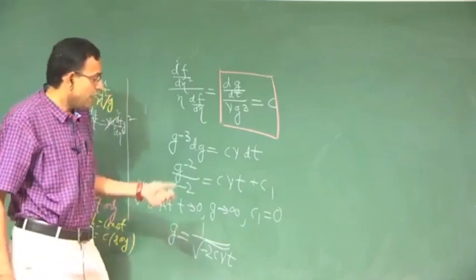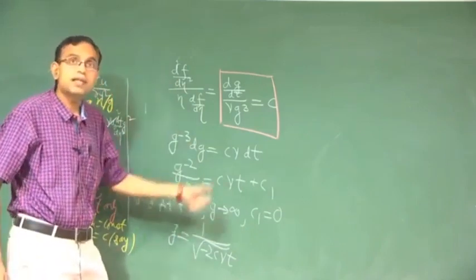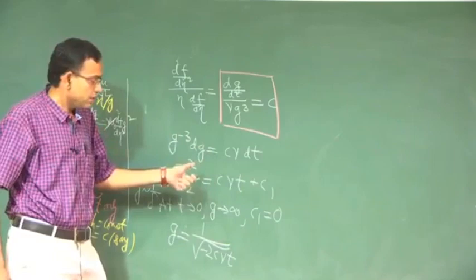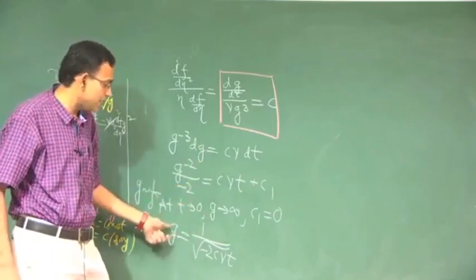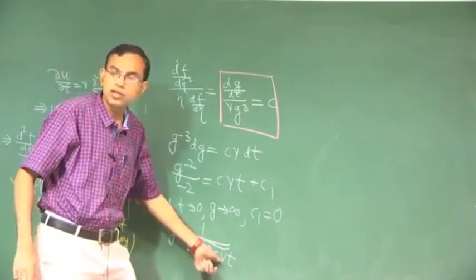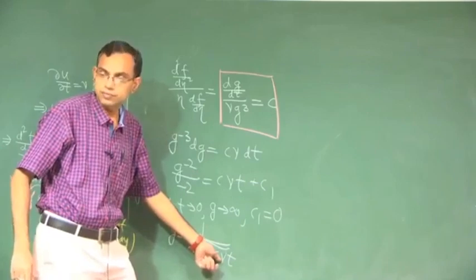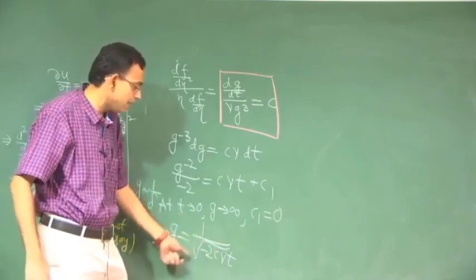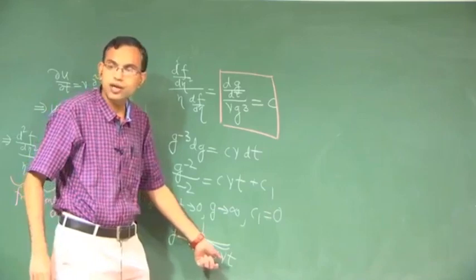So, see, out of a rigorous mathematical exercise, the simple thing that g scales with 1 by square root of nu t is recovered, because g scales with 1 by delta and delta scales with square root of nu t.